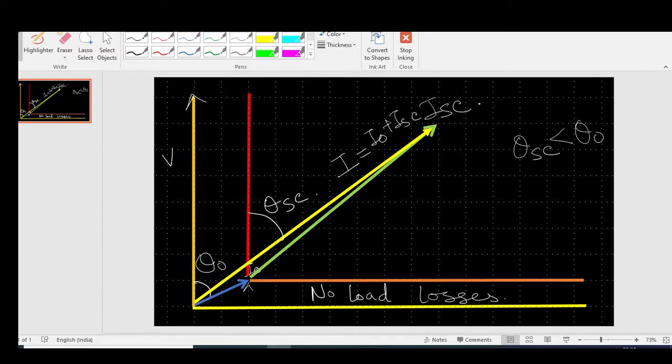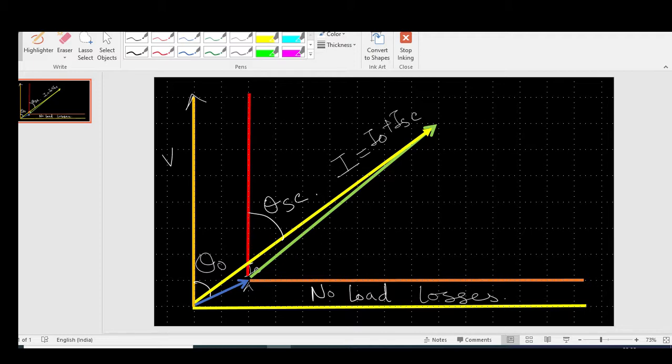That is the maximum current that can be drawn, meaning during run time when the machine is delivering full load current. Here you can argue, sir, you just said full load current is equal to short circuit current. Yes, I said it, but there is no harm if the machine reaches this extra current.